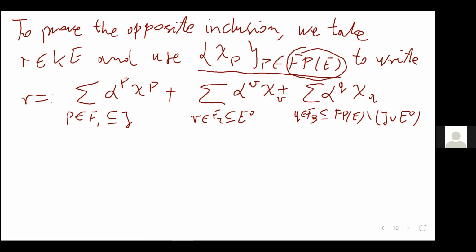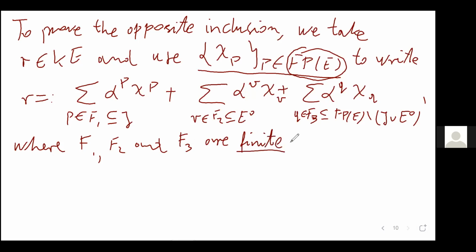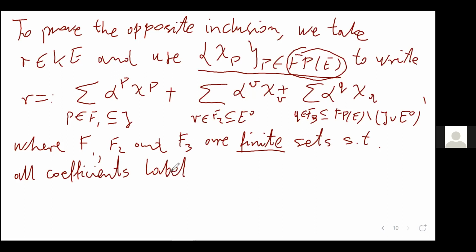But I want to be a bit more precise with these Fs, where F1, F2, and F3 are finite sets such that all coefficients labeled by them are non-zero.